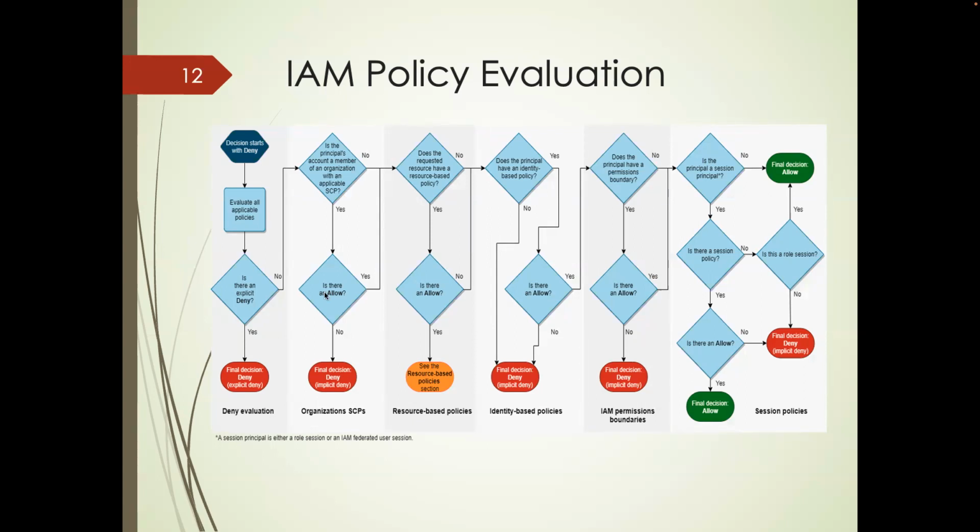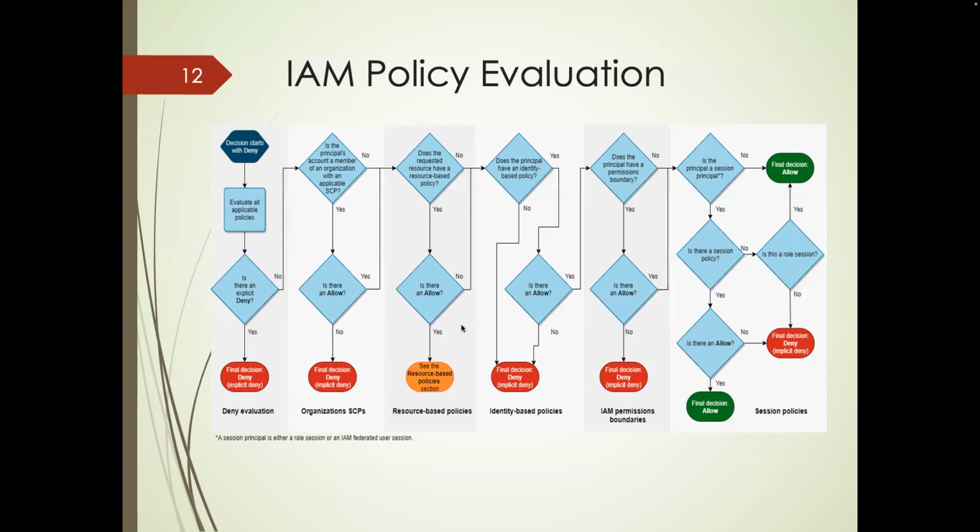Now, if there's an allow list configured in the SCP, then it will move on further and ask another question. Does the resource have a resource-based policy configured? If yes, then it will check, is there any allow list configured? If yes, then it will grant access to the particular resource based on the policy that's configured.